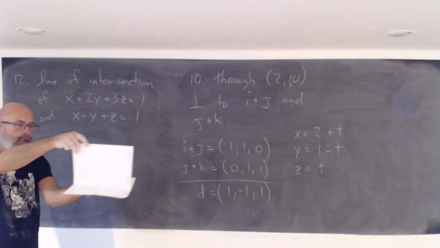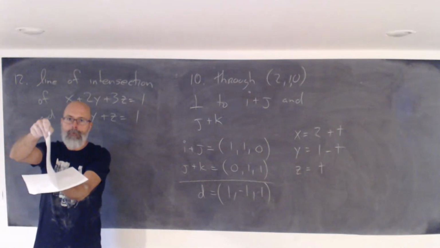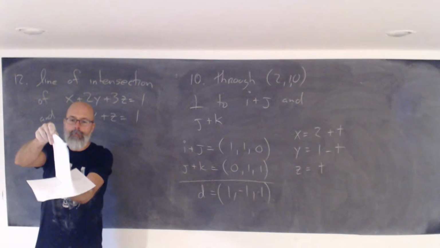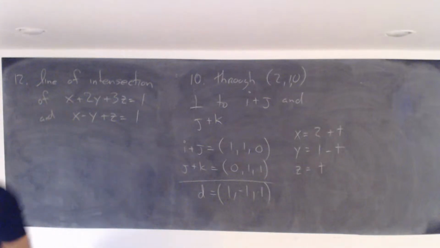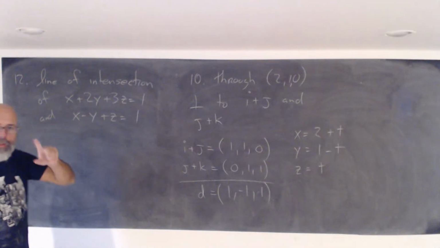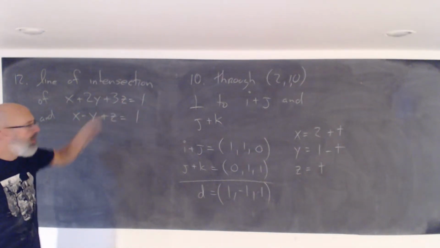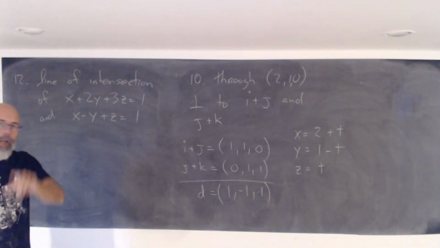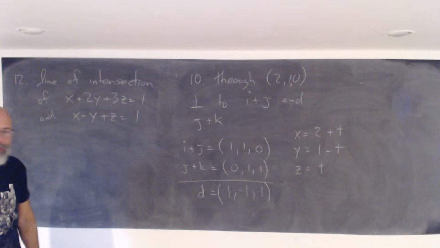The intersection of the two is a straight line. The intersection of the two is the set of points x, y, z which satisfy both equations. And you know exactly how to solve for that, right?